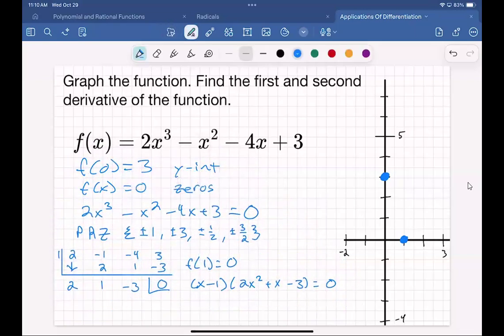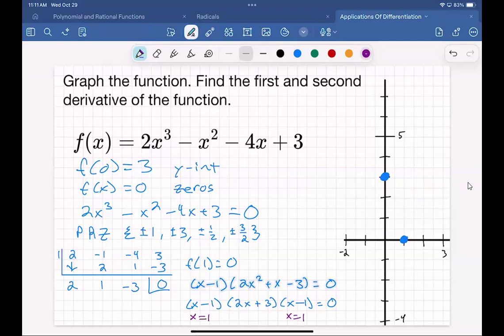Now, continuing here, what you'll find is that quadratic that we got from the quotient is actually factorable. So if you factor that quadratic, whatever method you're comfortable with there, you'll get 2x plus 3 and x minus 1. So what we'll see is that, hey, we have x equal to 1 from 2 factors.